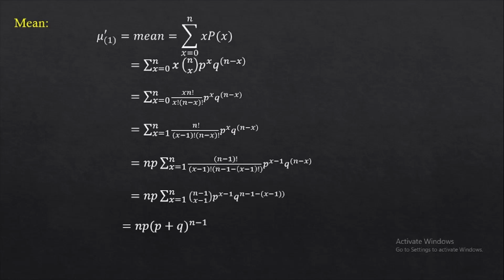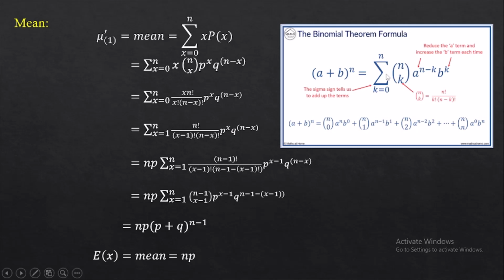How? We know the binomial expansion. What is the binomial expansion or binomial formula? (a plus b) raised to n equals summation nCk a^(n-k) b^k. So here instead of k, our random variable is x.